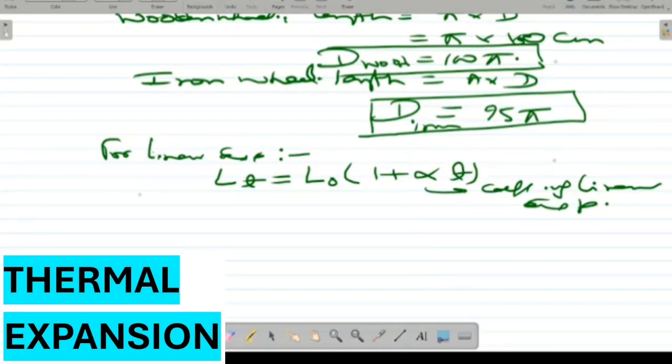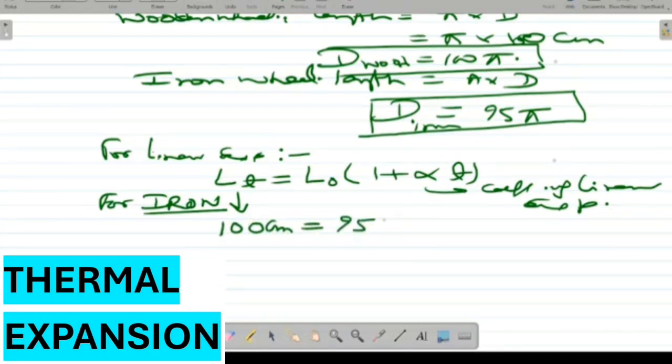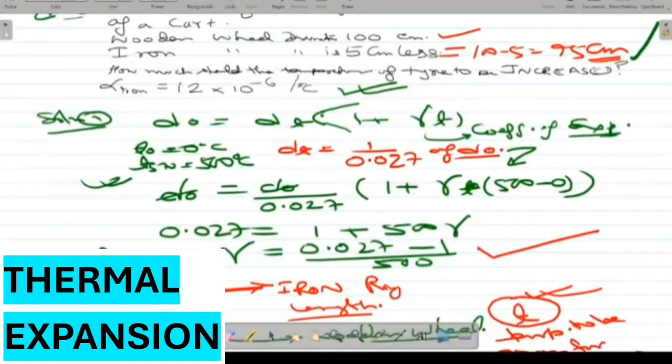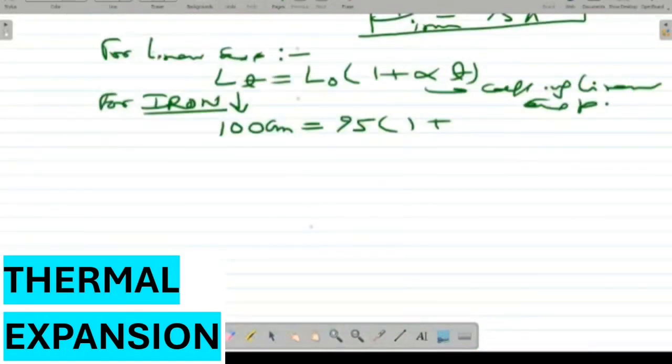Only iron is a metal and it has the property to expand when heated. So for iron, L at temperature T will be 100 centimeter, because unless it goes to 100, it will not set over the wooden wheel. And L of 0, its initial, will be 95, and it will be 1 plus alpha, given as 12 into 10 to the power minus 6 per degree centigrade. It will be 1 plus 12 into 10 to the power minus 6, in a curly bracket, into T.